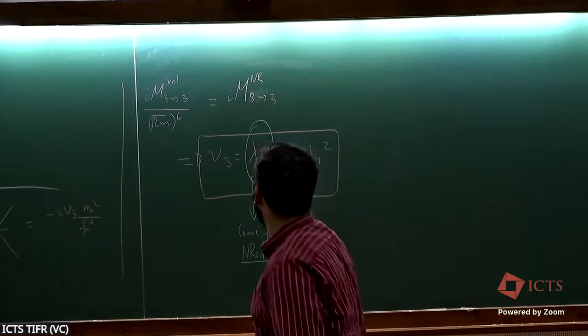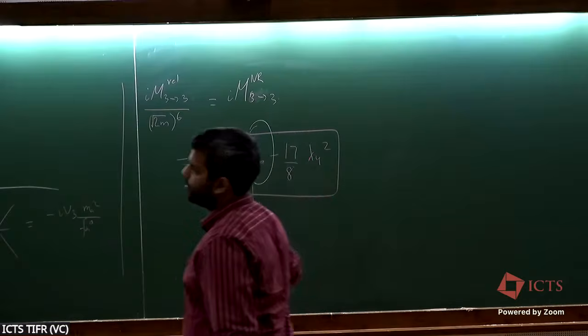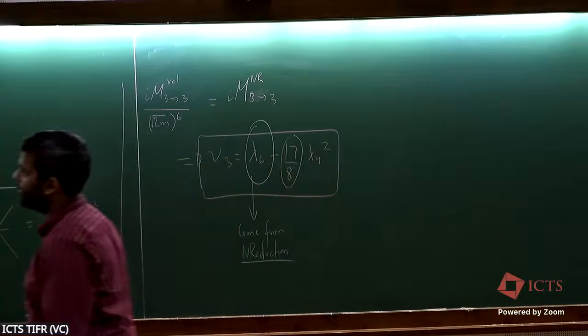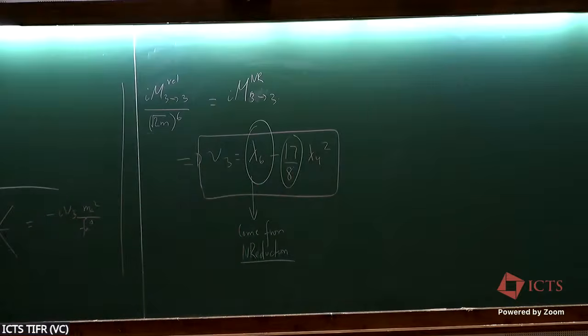This prefactor is mostly coming from the fact that there is a higher harmonic, like diagram 2, which is accounted for in the EFT, but not accounted for in the non-relativistic reduction. Okay?